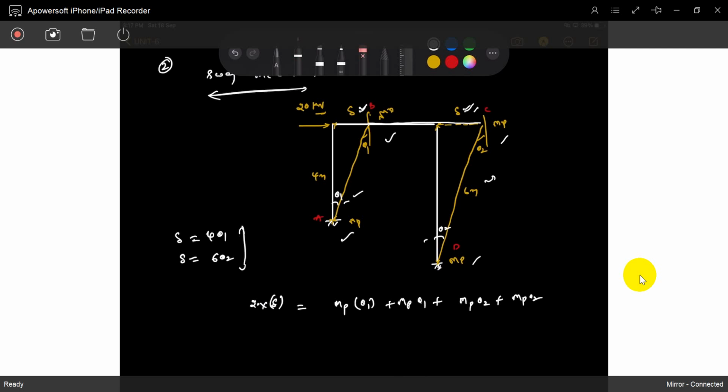Understood? So you can choose anything. Now 4 theta 1 is 6 theta 2. Theta 1 you can write as 1.5 theta 2, or one in terms of the other, you can choose anything.